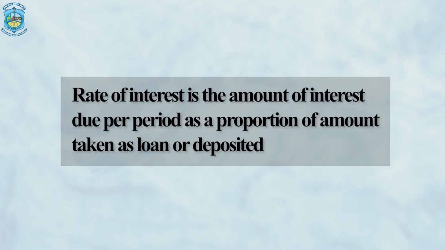Next is rate of interest. Rate of interest is the amount of interest due per period as a proportion of the amount taken as a loan or deposited. It is denoted by capital R and it is calculated on a yearly, half yearly, quarterly, monthly and sometimes daily basis.